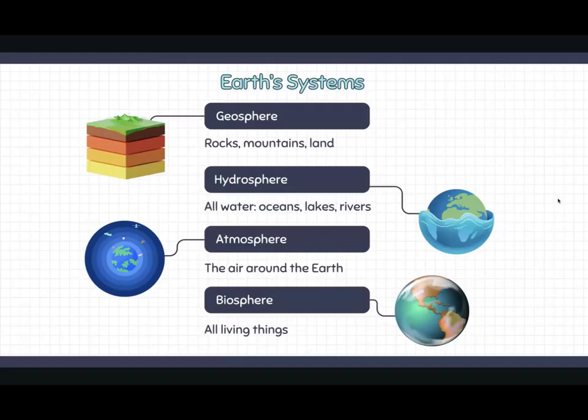And then we have biosphere, which is all living things. To put it into more context, these four systems all work together. I have another question, which is, which system do you guys think a fish would live in? And there can be more than one right answer.